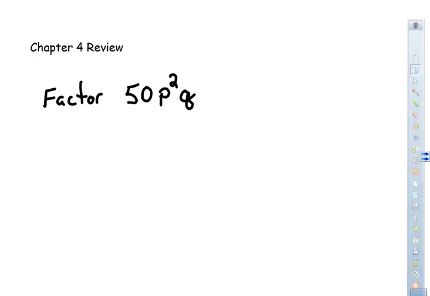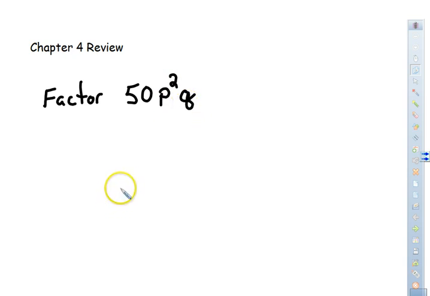Alright, we are working on the Chapter 4 review, and one of the first things, and I know we've talked about this in the past, is with the word, it just simply says factor, and then a factor of these numbers and variables, and this again is 50p squared q.